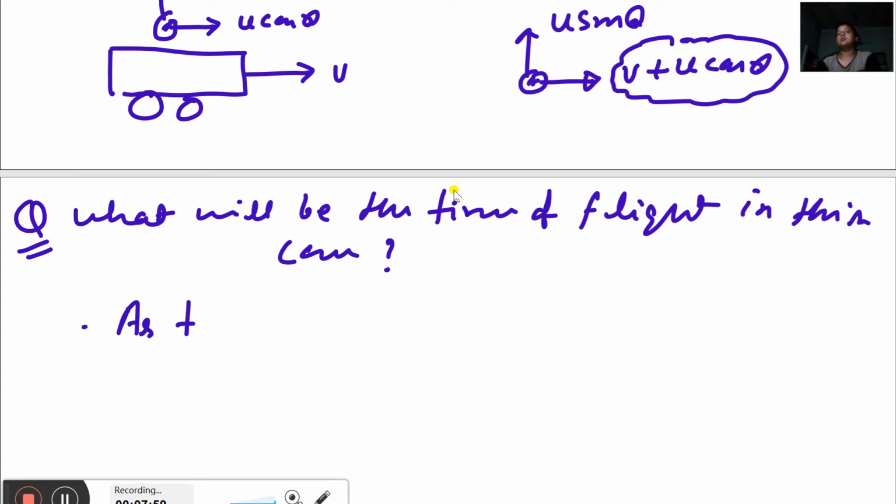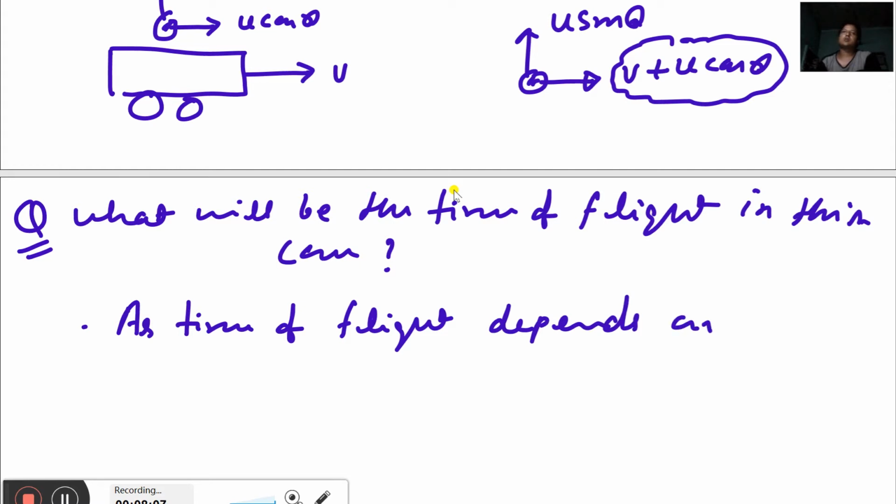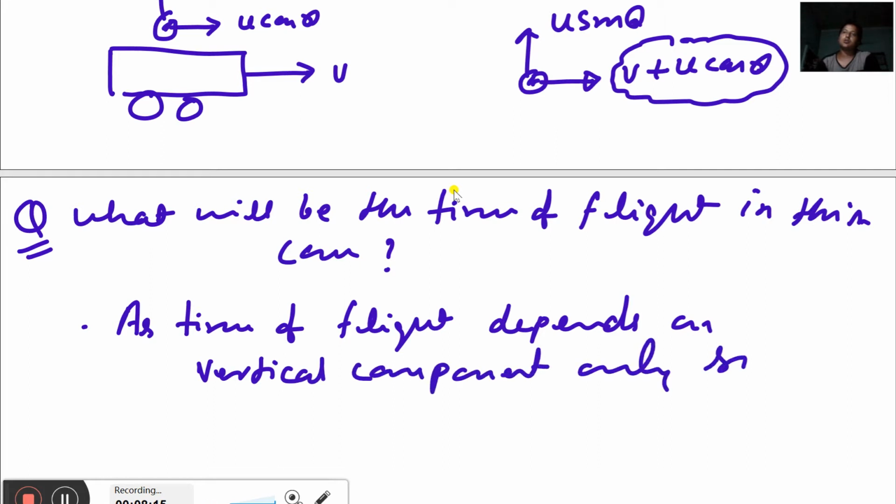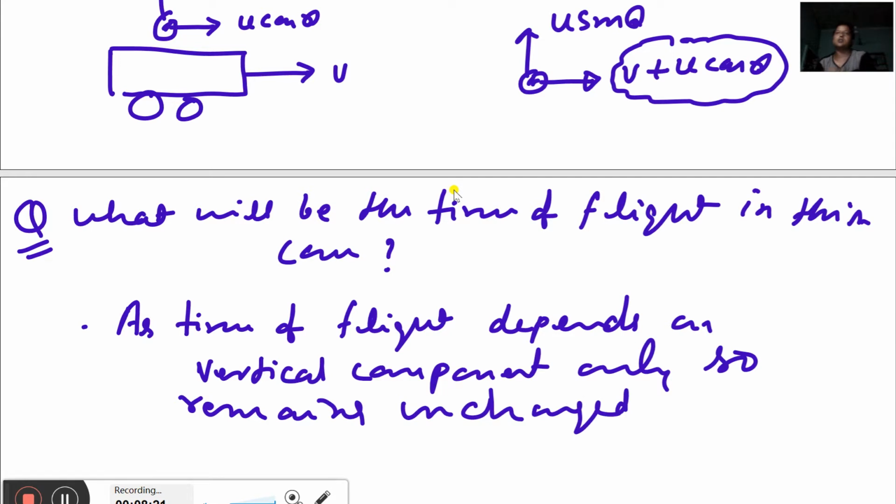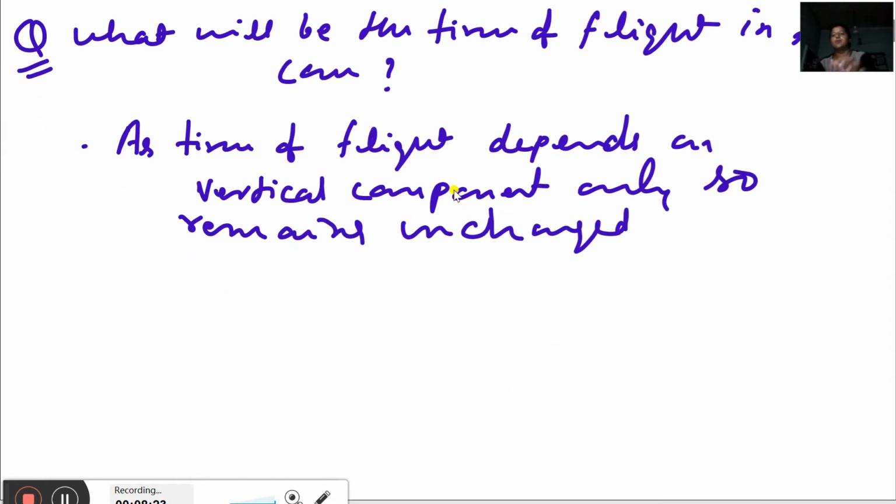As time of flight depends on the vertical component only, it remains unchanged. Here also time of flight is 2u sin theta over g.